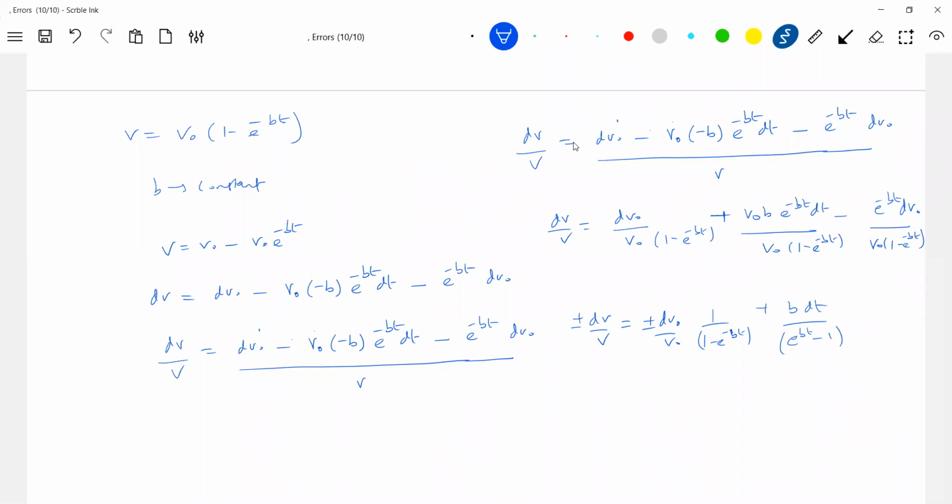Is it okay? And this I simplified. Then this will be plus or minus, you write it.